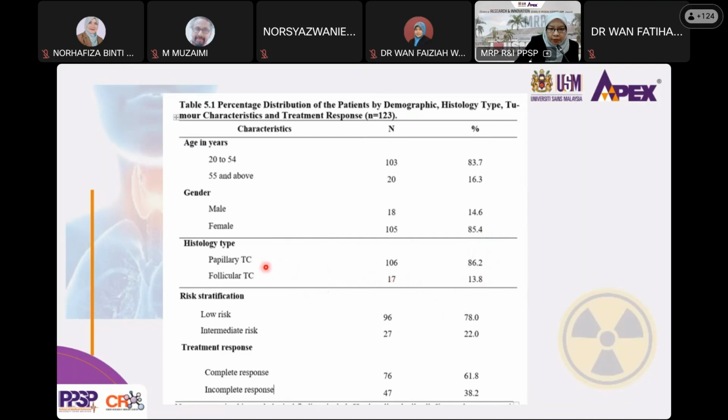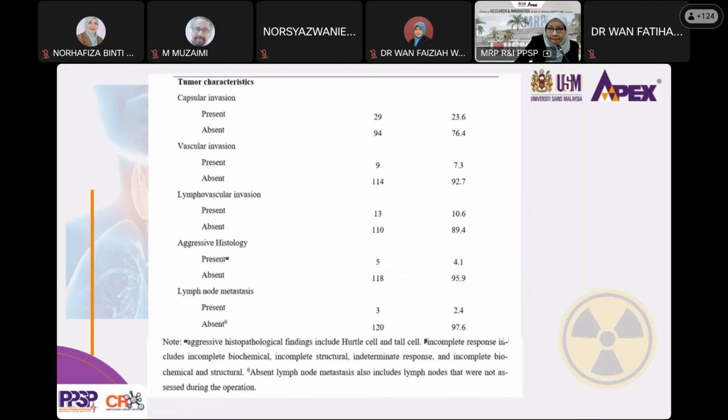So we can see that PTC comprised 86% of the study compared to follicular thyroid carcinoma at 40%. These are the tumor characteristics that we assess: whether there is presence or absence of capsular invasion, vascular invasion, lymphovascular invasion, aggressive histology, and lymph node metastasis.